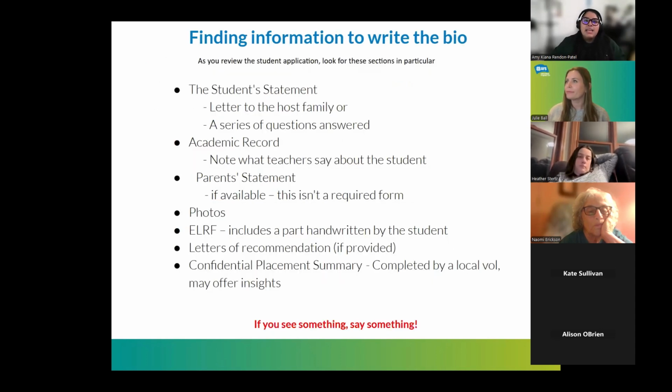And so when you have downloaded your application, you have the bio sheet opened, and now it's ready to review the application and start finding the information that you need to write the bio. As you're reviewing the student application, you want to look for these sections in particular. There is the student statement, which is either the letter to the host family or, in the Palm application, a series of questions they answer.